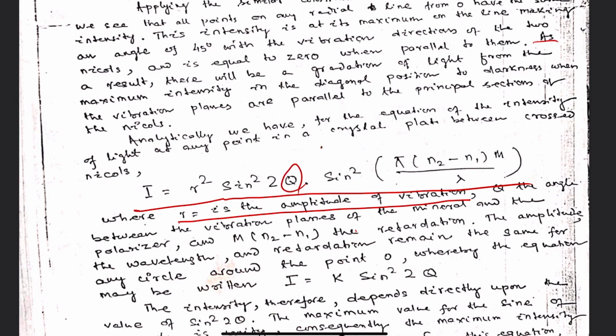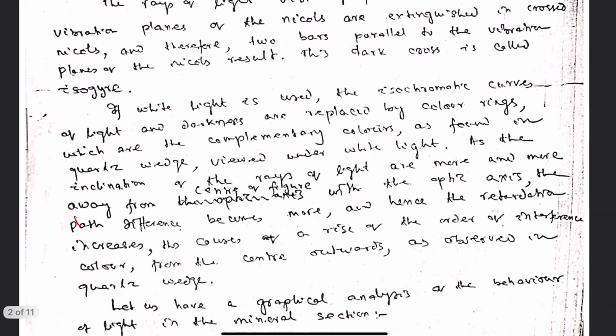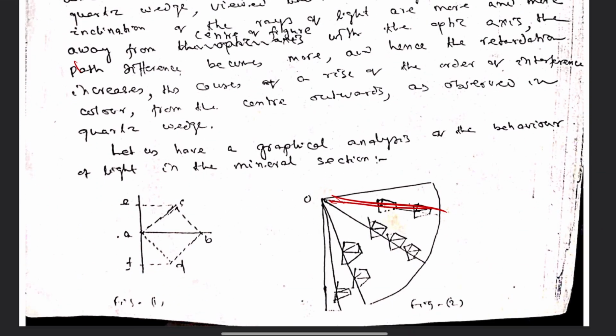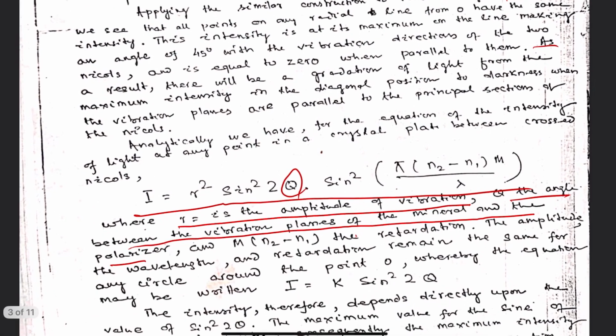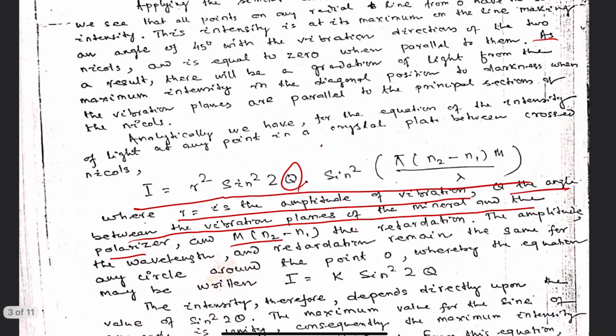Theta is the angle between the vibration direction of the mineral and the polarizer. And m(n2 minus n1) is the retardation, where m is the thickness of the mineral plate.